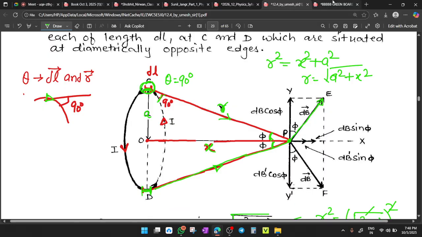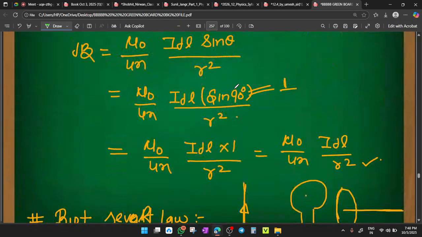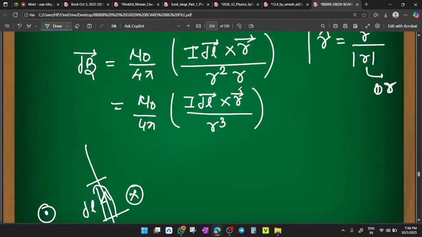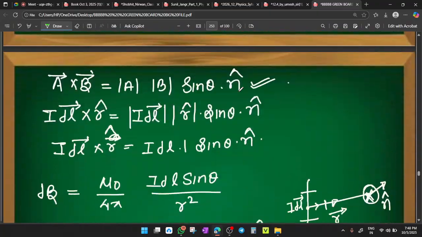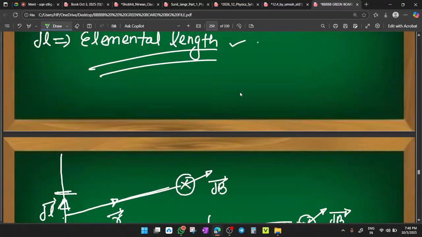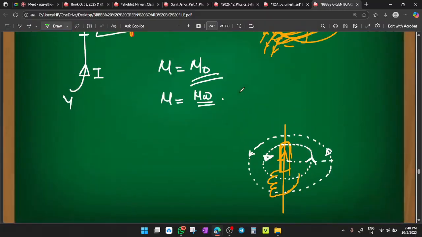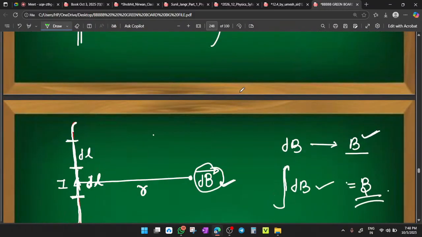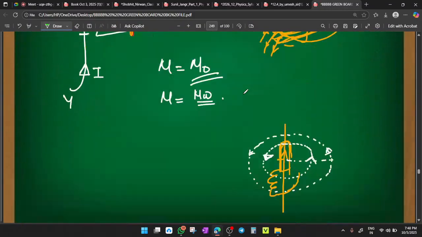Wait, I will make you understand. See here, this is vector r. Clear, beta? And you know, vector r and vector dB are always perpendicular. Why? As I have written, during the derivation I told you that vector r and vector dB are always perpendicular. Here it is.